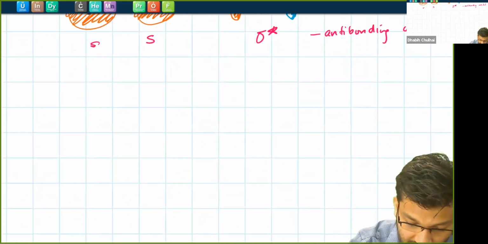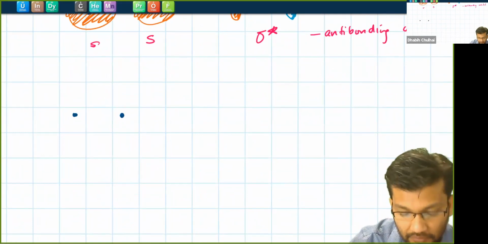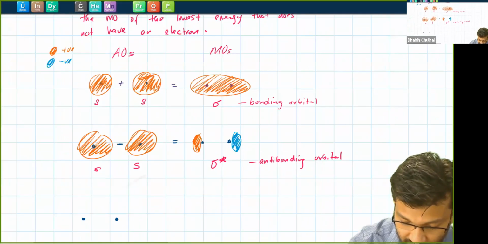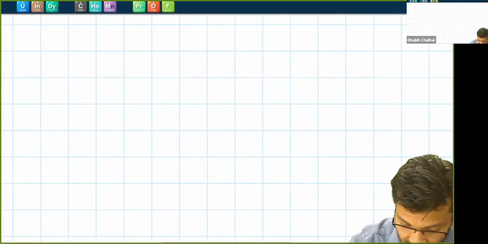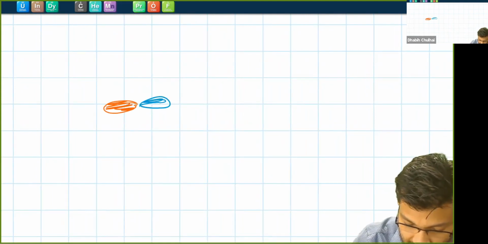So let's draw my two nuclei, one here, one here. And there are different ways to draw p orbitals, right? So let me create some space all the way over here. So here, this is our px orbital, positive and negative, right? That's px.